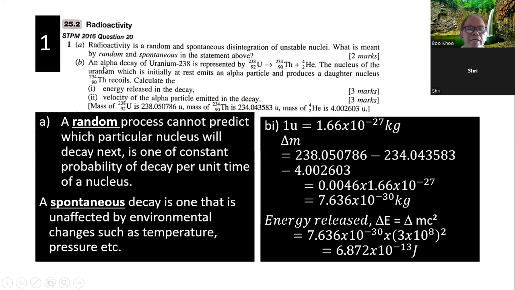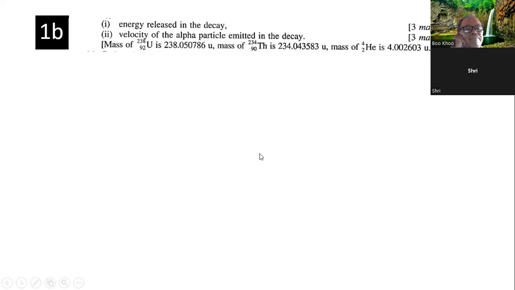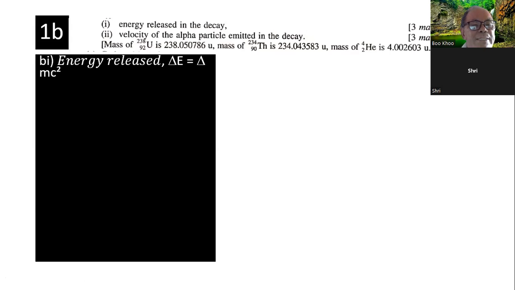They have told you the nucleus of uranium is initially at rest. Before you can calculate energy, you must use conservation of momentum. That's how you calculate your energy.